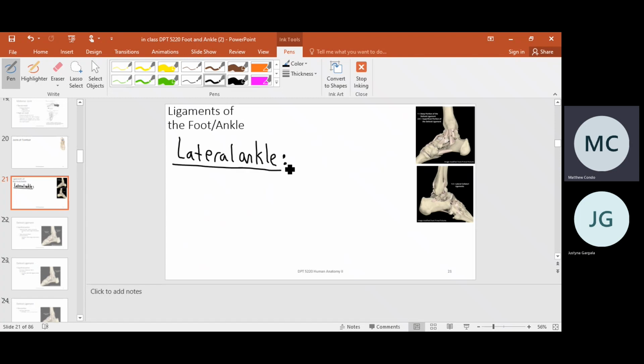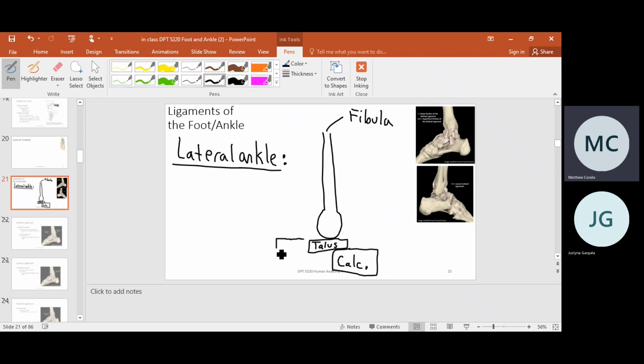So now, if I'm looking at my bones, that's going to be my fibula. That's going to be my calcaneus. That's going to be my talus. And my navicular.